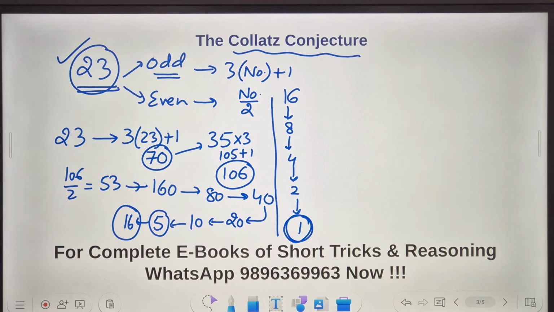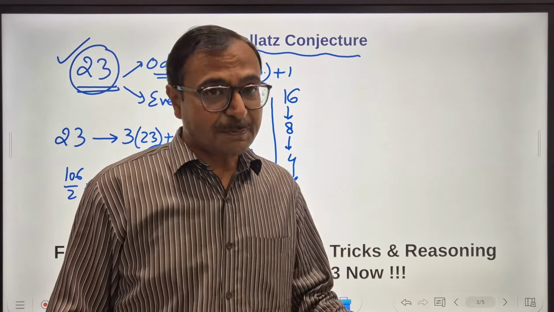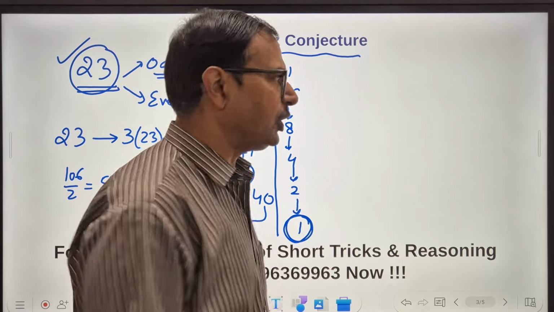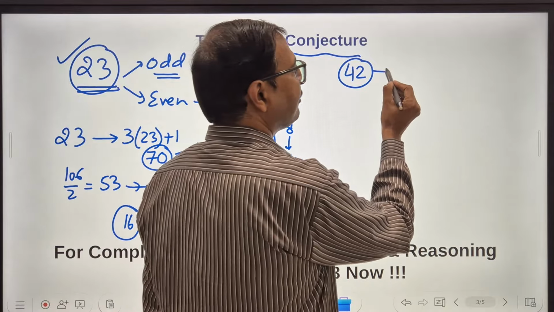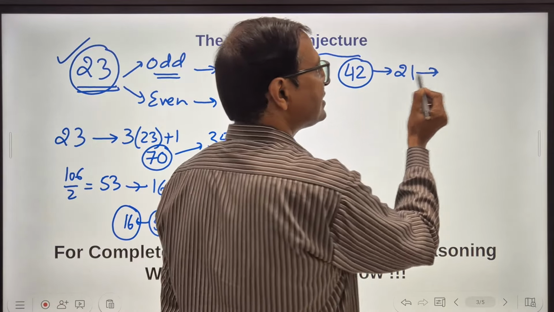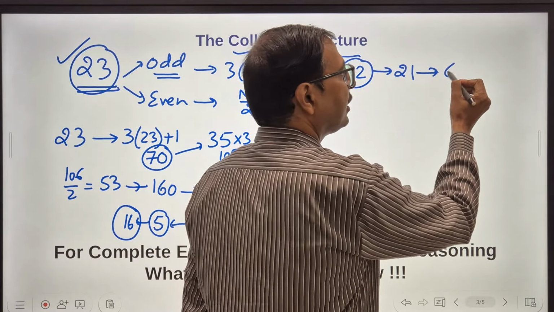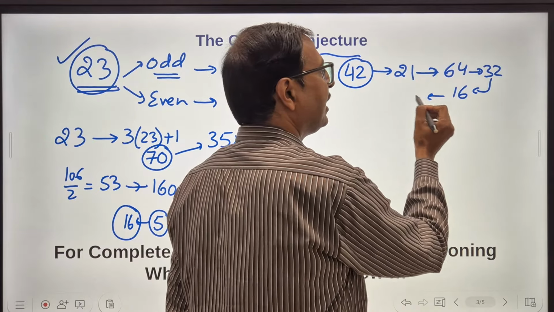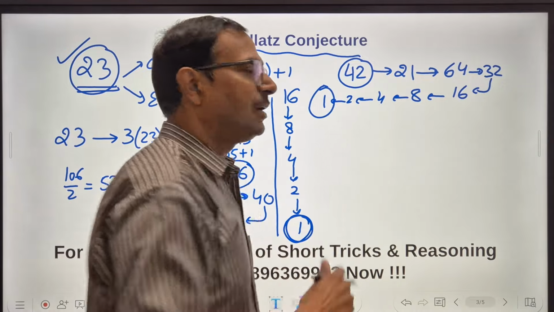Now, basically, we have to start with small numbers first, and after that try big numbers, because the steps might be so many. So if I start with another number, say let us take 42. Now 42 is the first number, it's an even number, so take half of this, you get 21. 21 is odd, triple of 21 is 63, plus 1, 64, and now take the half, you get 32, take the half, you get 16, take the half, you get 8, 4, 2, and finally you get the same number, 1.